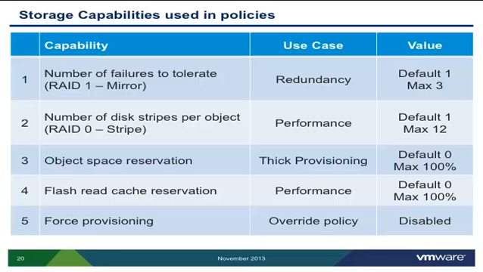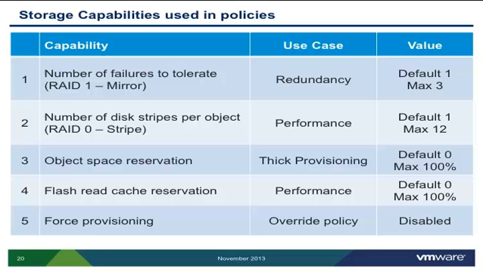And then the final one is forced provisioning. In other words, if I'm doing some kind of maintenance, or maybe I have some hosts that are out of the cluster for whatever reason, or perhaps in a couple of days I'm going to be adding some new hosts to the cluster, so it's going to scale out even more. What you can do is force provision virtual machines even though they can't meet the policy settings.